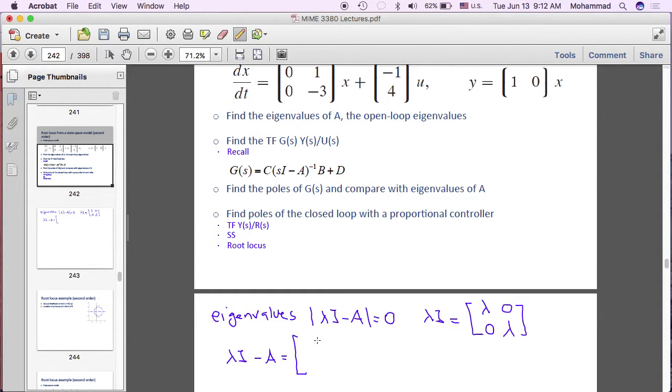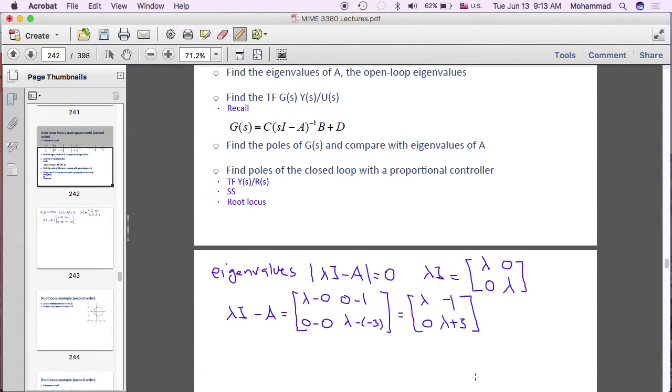So lambda gets subtracted by 0, so lambda minus 0. 0 minus 1. 0 minus 0. And lambda minus 3. So this is lambda I minus A, which is therefore lambda minus 0, minus 1, 0, lambda plus 3.